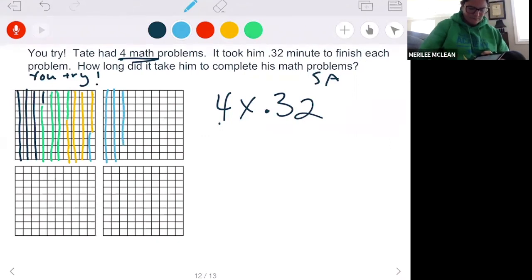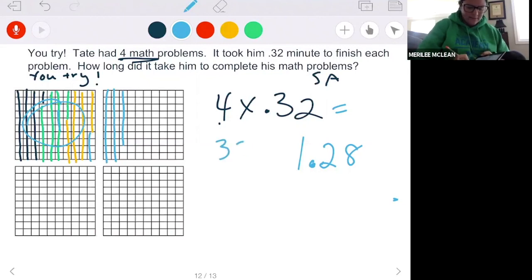So now I have 4 groups. I count them up. I have 1 hole here and 28 hundredths. And here's how you can check your model to make sure you did it correctly, because even I mess up on models if I count incorrectly.